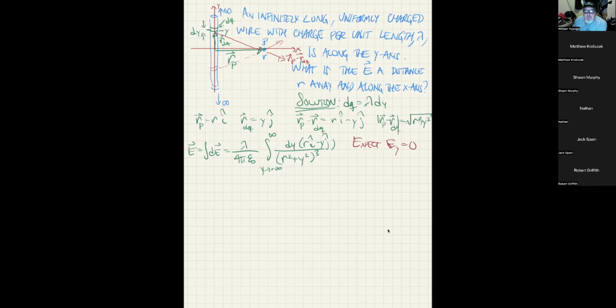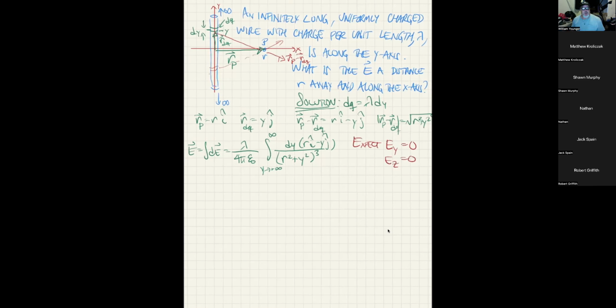Okay. By symmetry, of course, also you expect the z component is going to be 0 because that's not playing a role in here at all. And of course, you would be right. But that's not very relevant to this problem.